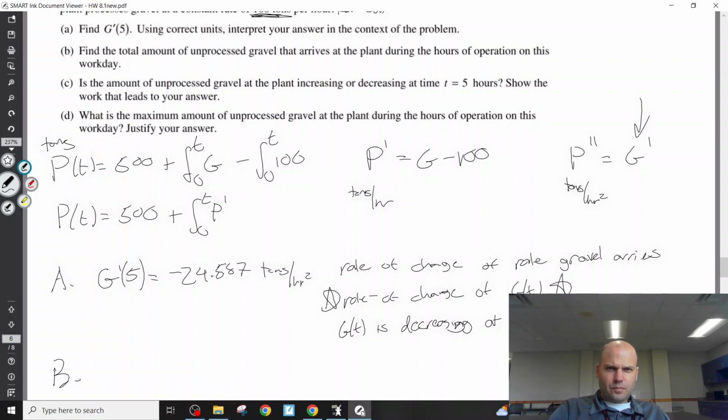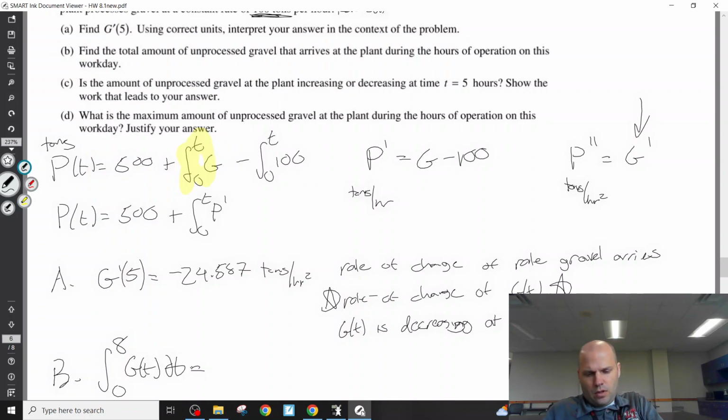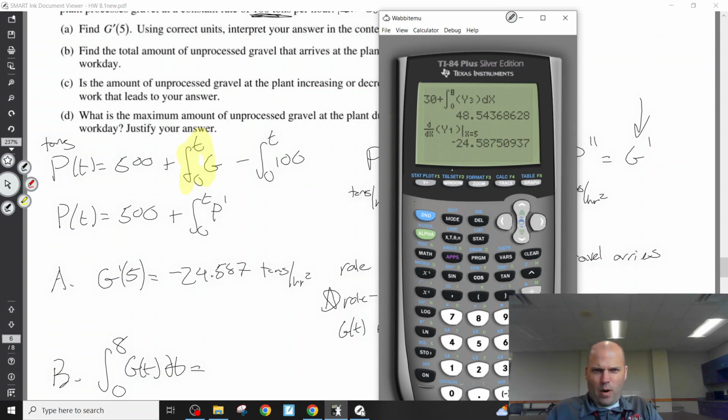Part B. Find the total amount of unprocessed gravel that arrives. Total arrives is just this part of it. You don't have to write anything down explaining. You just need to write your integral. This is of y1, not y3.